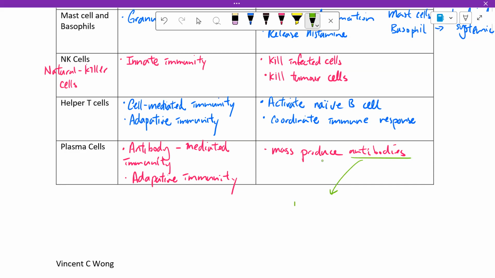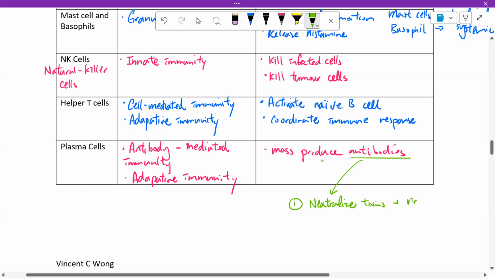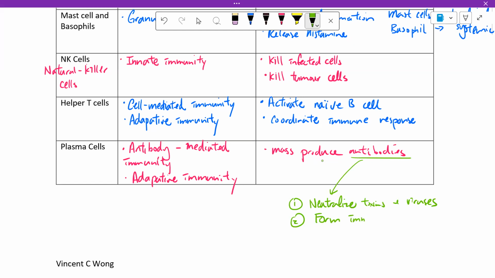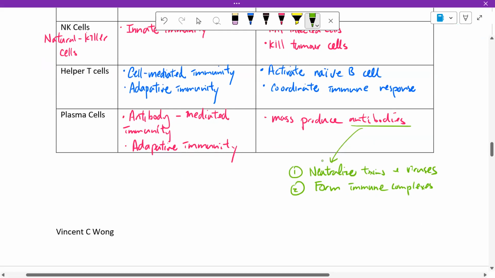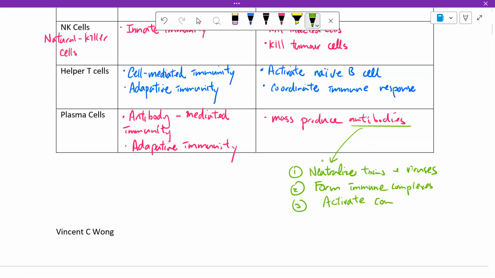And what do antibodies do? They neutralize toxins and viruses. They form immune complexes for easier phagocytosis. And they can also help activate complement proteins.